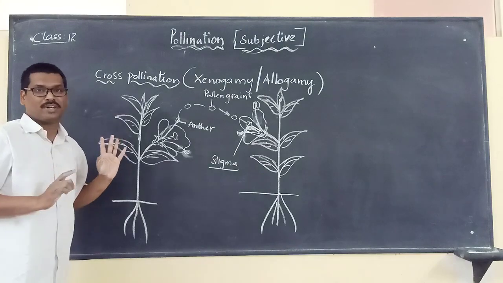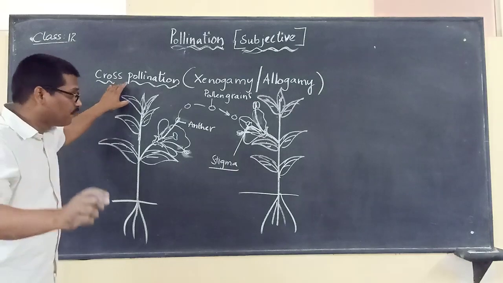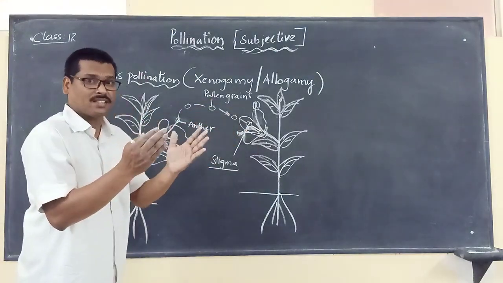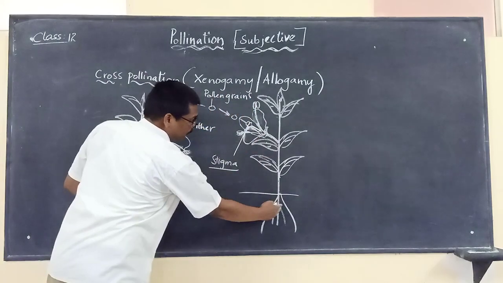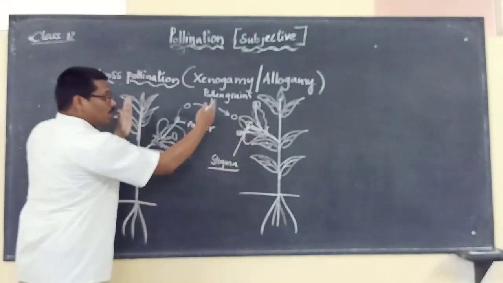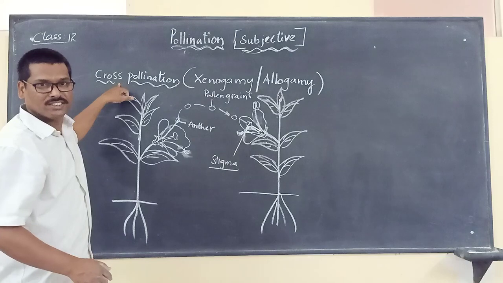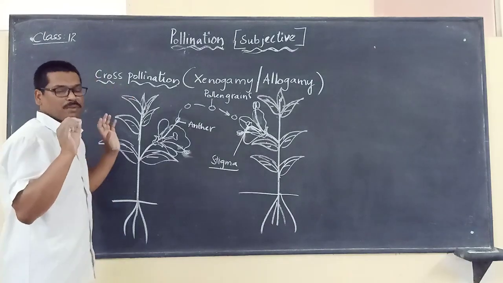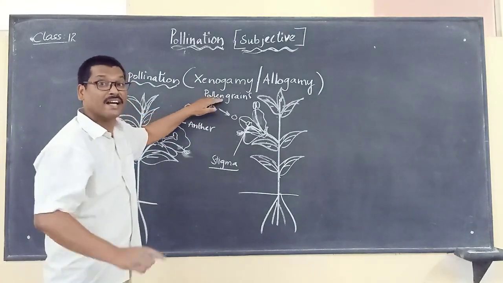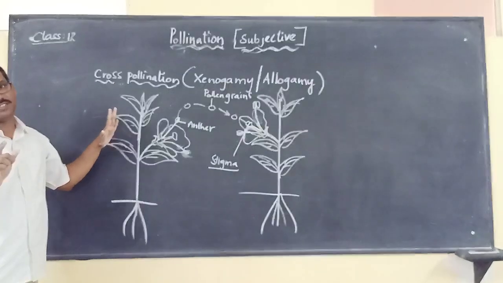That is a very important point. It is because it is taking place between two flowers born on two different plants. So the point you have to remember here is that genetically different pollen grains are carried onto the stigma in the process of cross-pollination.